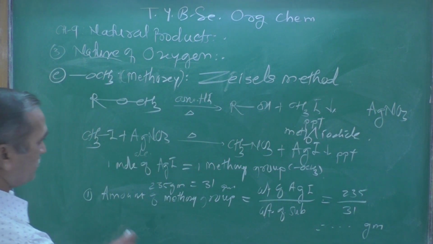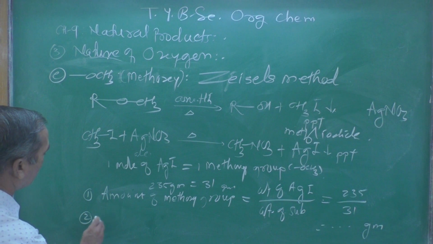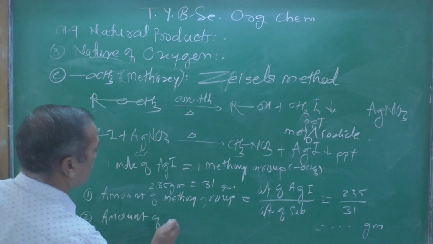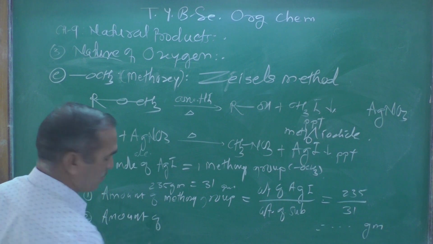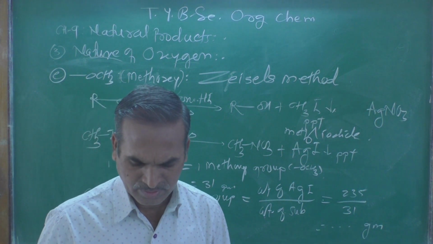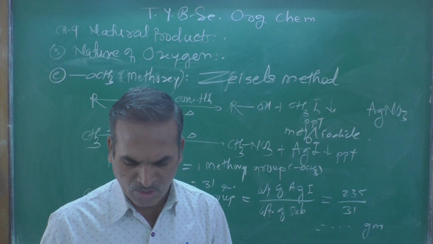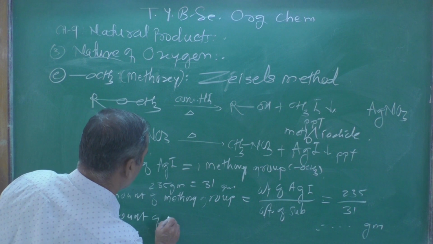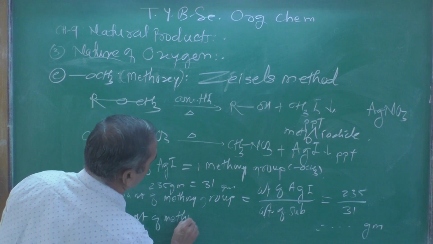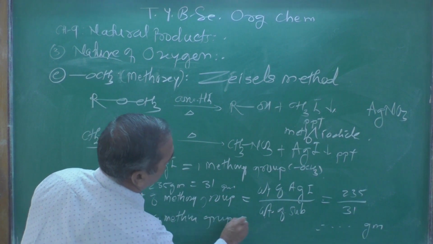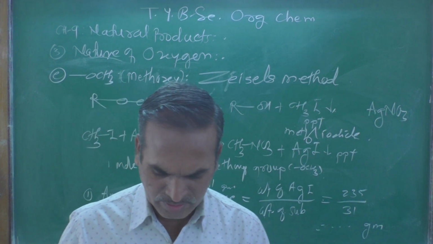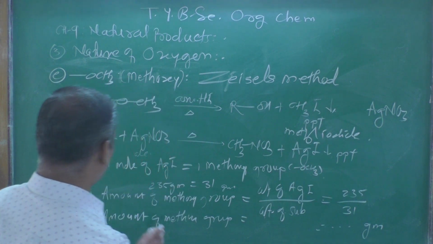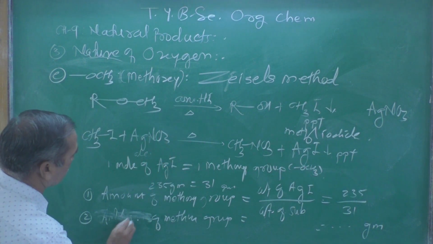Now in the second formula we can find out the number of methoxy groups.